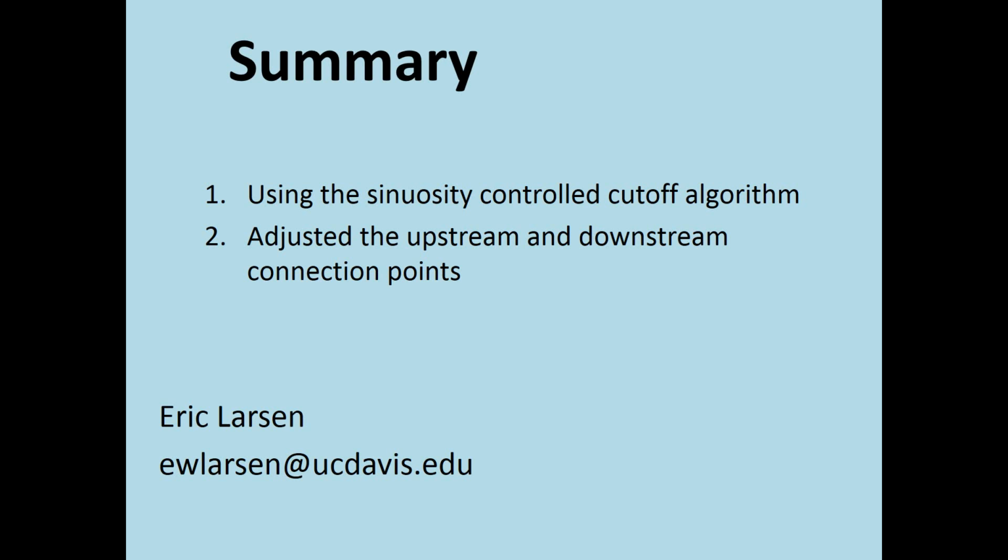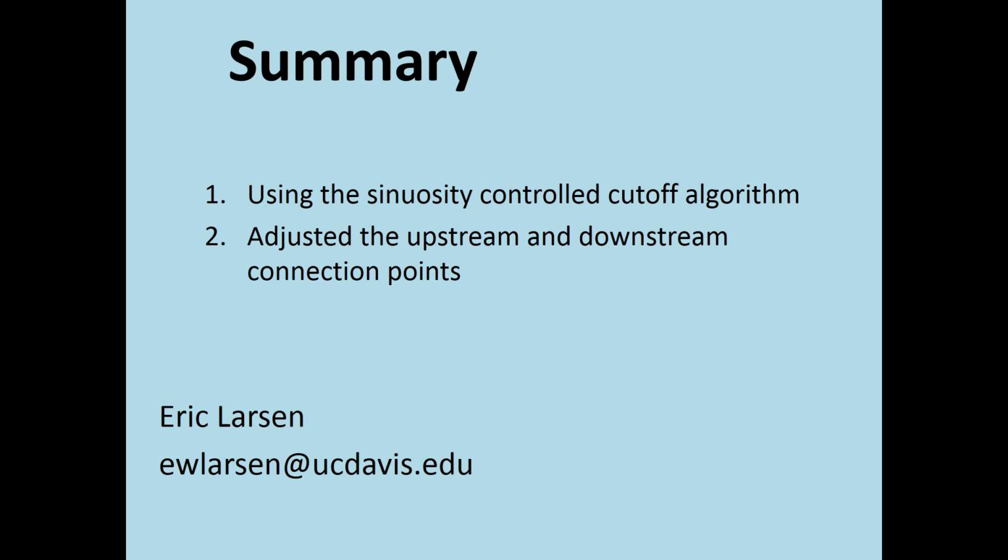And as I've stressed, it's a rules-based model. It's really cool because it does all the work for you. It models the channel migration up to the point of cutting off, and then it models the evolution after cutoff, and it lets you specify how it cuts off, why it cuts off, and in this case, because the sinuosity was greater than a certain value.